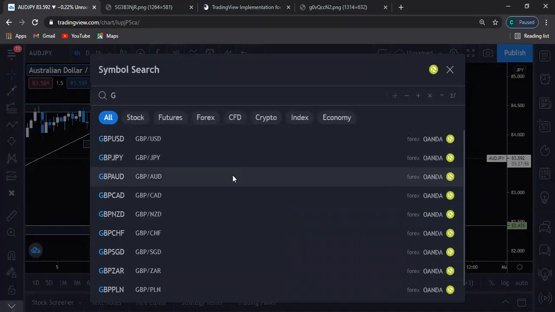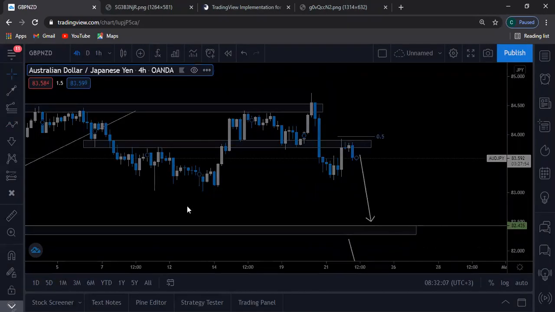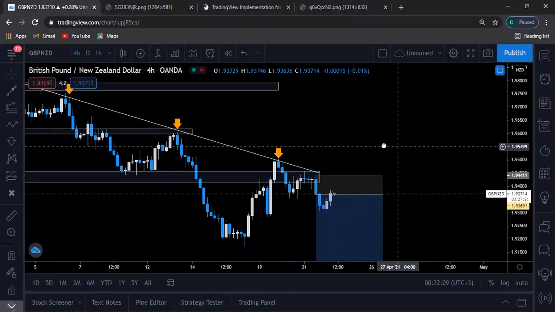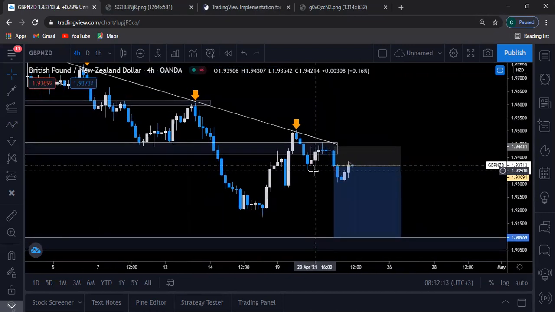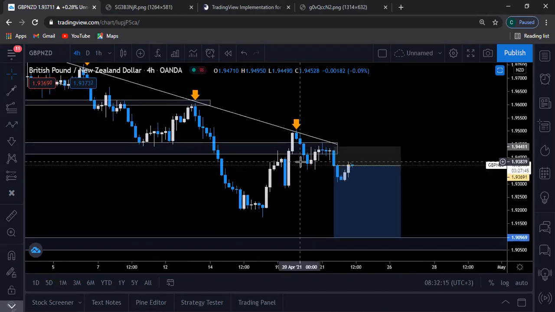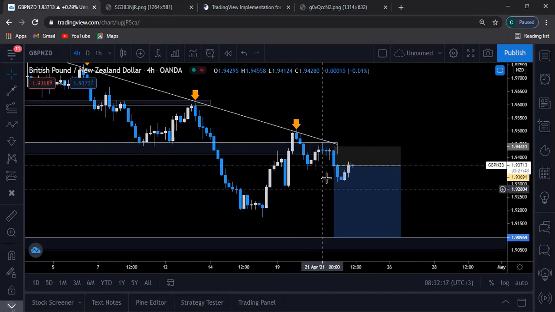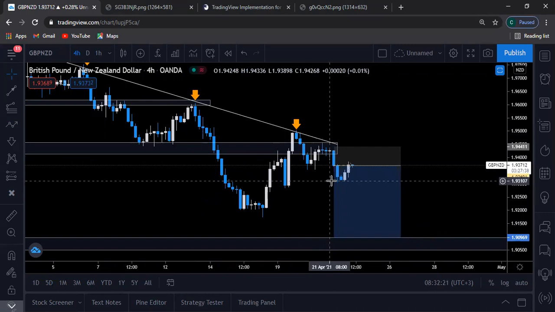Now, I feel like I should talk about GBPNZD because we took this trade yesterday, right? I sent this potential setup on the free channel and of course to my premium students. Now, as you can see here, after we took the trade, prices did fall around 50 pips into profit, but I did not tell you to go break even for one specific reason.